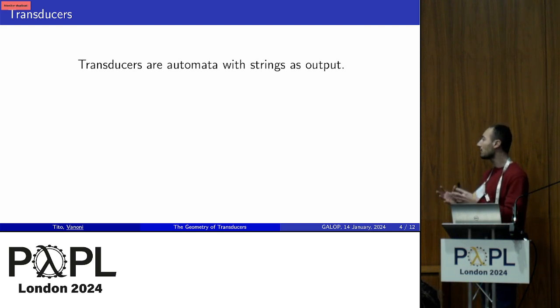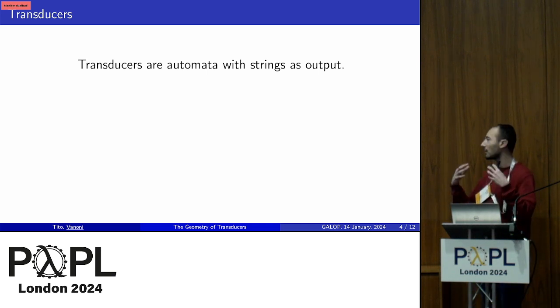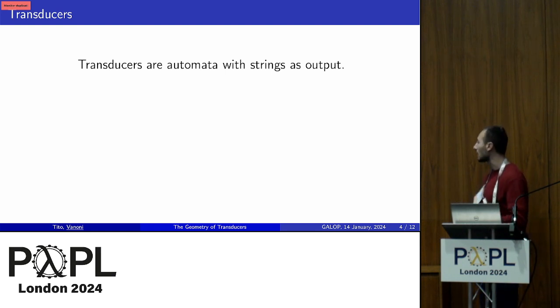So the input as well as the output is a tree. But this does not make a huge difference. I won't enter inside the details of the definition of tree transducers, because it is quite involved and technical. But if you have an intuition about word transducers, this is enough.